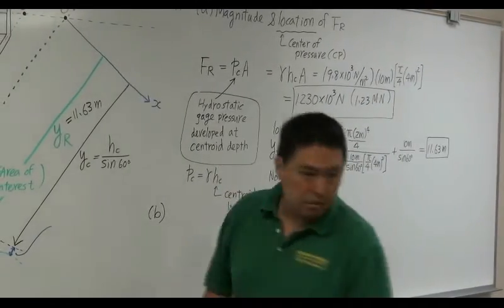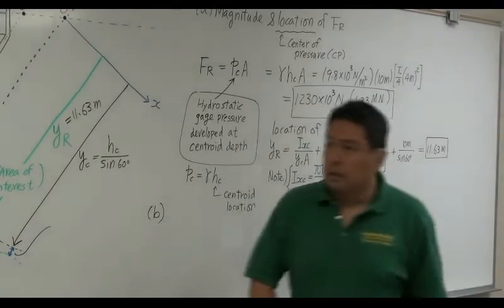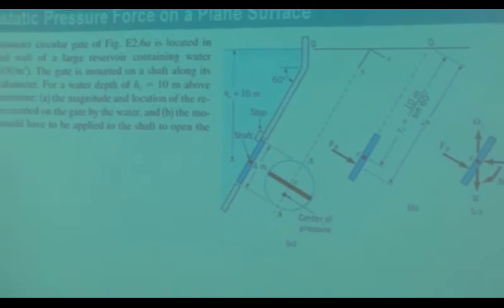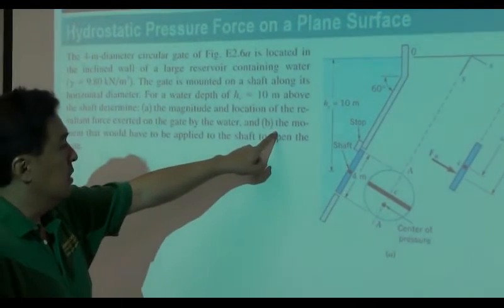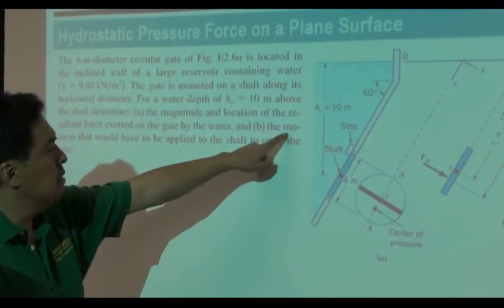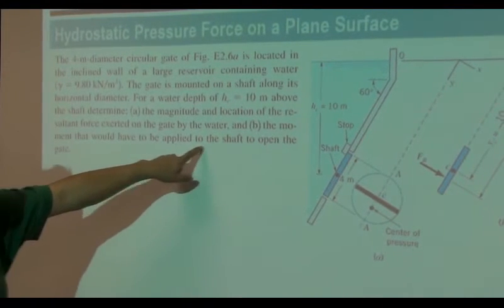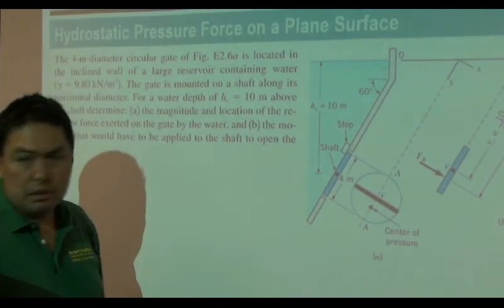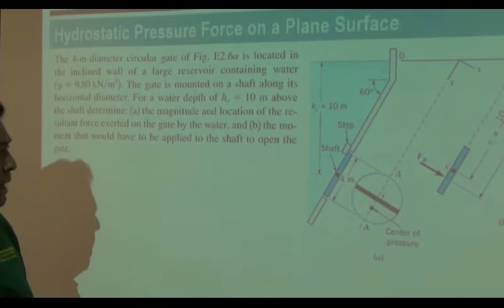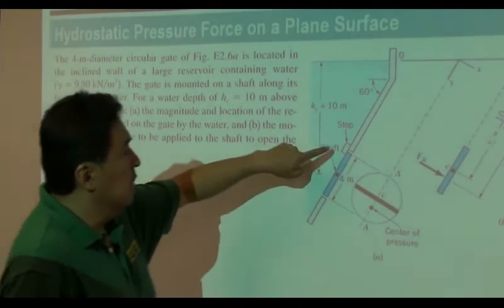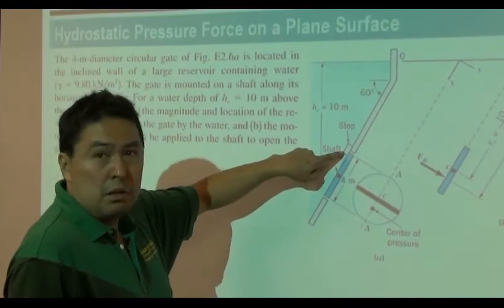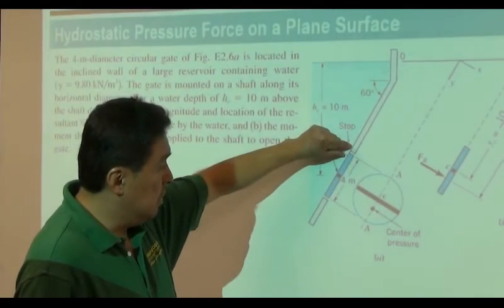Okay, let's go back once again. Take a look at the problem statement very closely once again. B. Okay. So part B is asking for the moment that you need to apply to the shaft to open this circular cross-section gate. What do you mean by that? Well, you notice there is a mechanical stopper attached here.